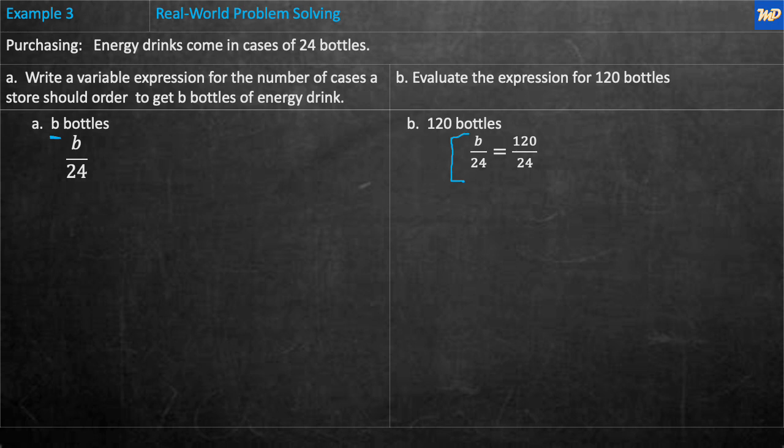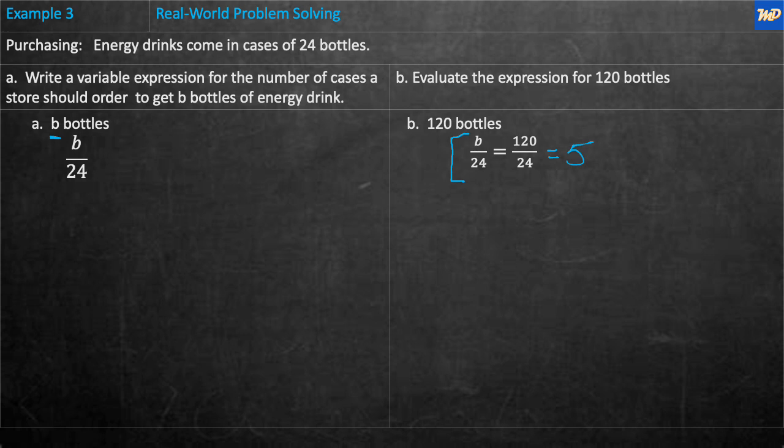Well, on this side, we're going to find that 120 divided by 24 is 5. So we use this variable expression to solve the problem, which is, how many cases do I have to order?